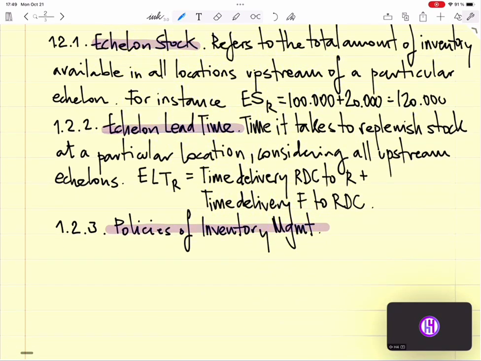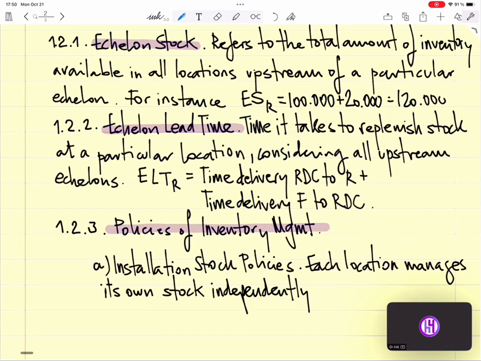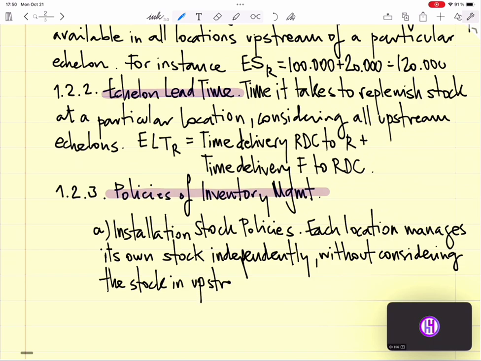The first is the installation stock policy, in which each location manages its own stock independently, without considering the stock in upstream echelons.